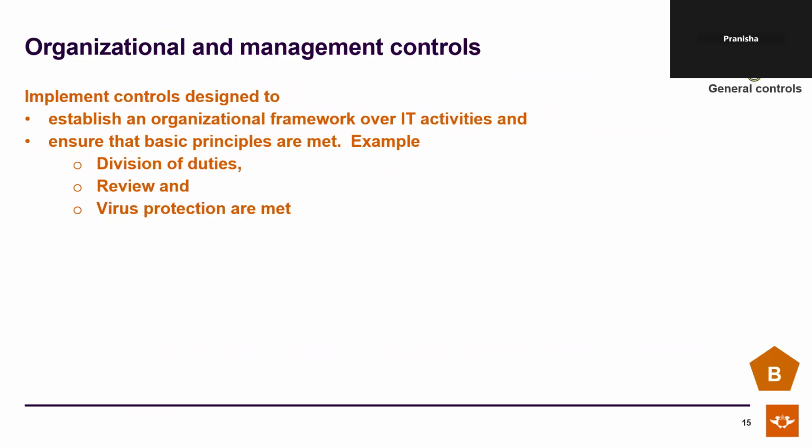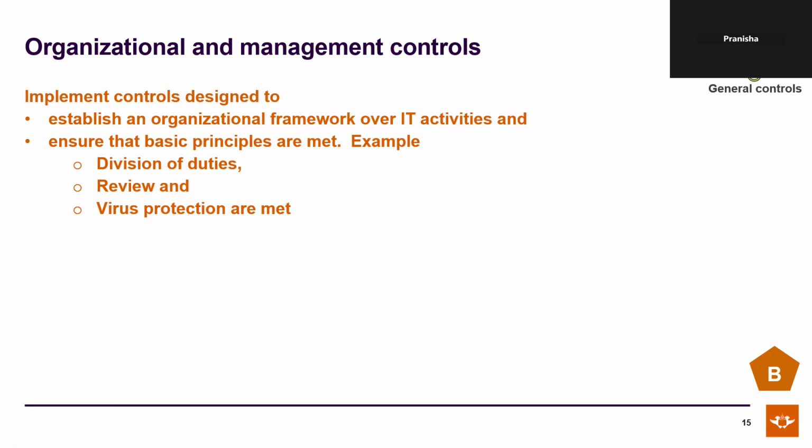The third level of general controls is organizational and management controls. This is almost looking at making sure that within our IT environment we have the correct level of people completing the tasks, taking into account that the IT environment is an integral part of the organization.